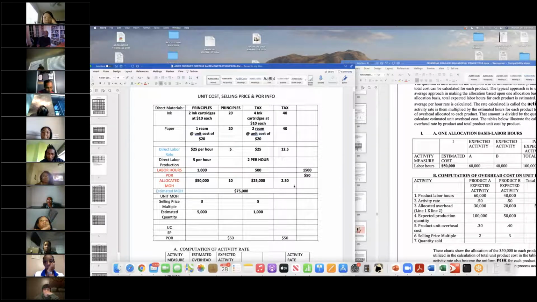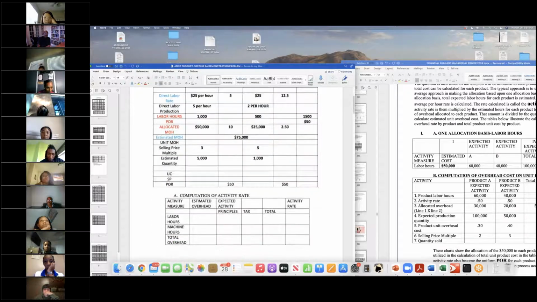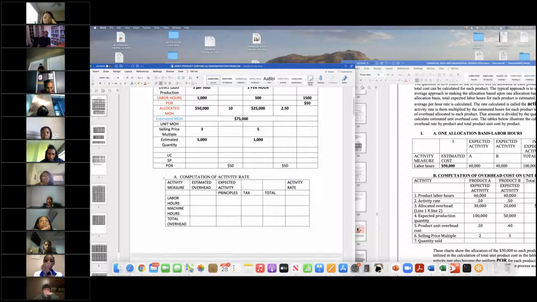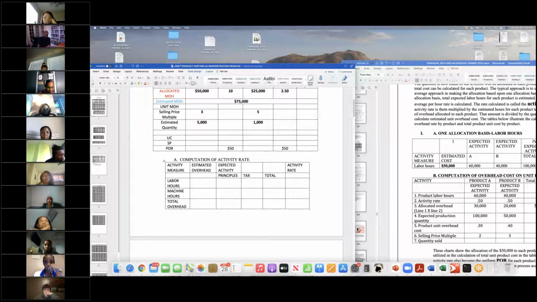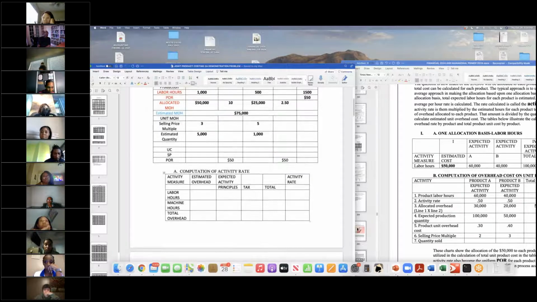Okay, so begin the work to start on this table. What's going to go right here on the table? What number is going here? 75,000. Yeah, 75,000 might be a better number.